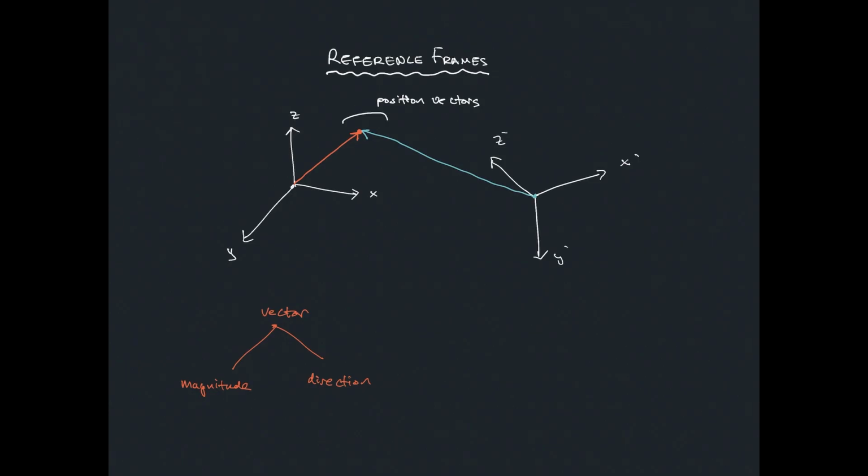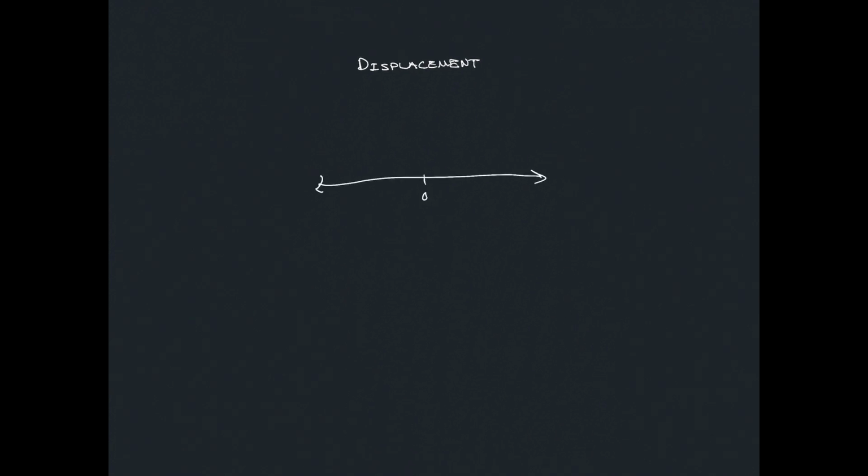So now we're going to be talking about displacement. Imagine we have a number line here, and 0 is going to be over here, and the right indicates the positive direction and the left indicates the negative direction.